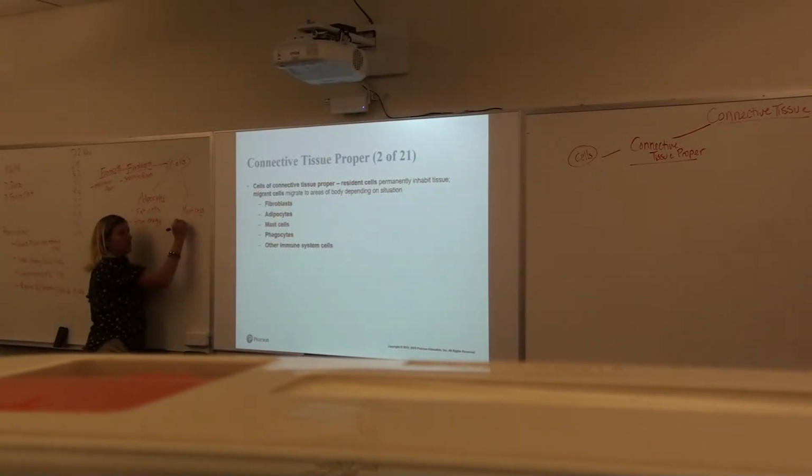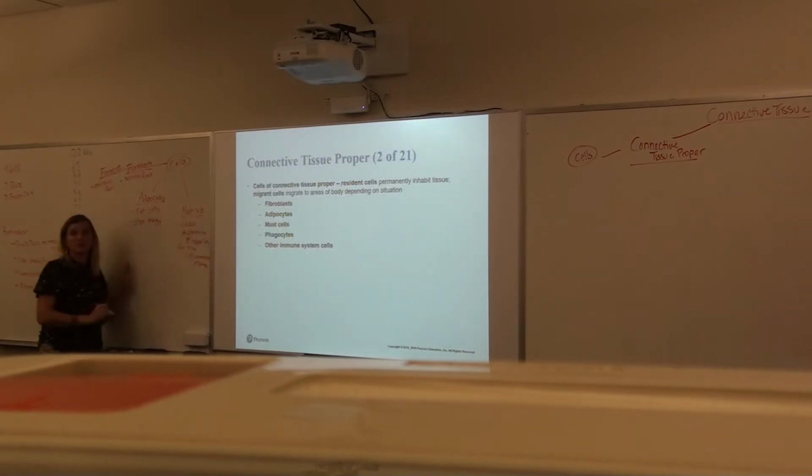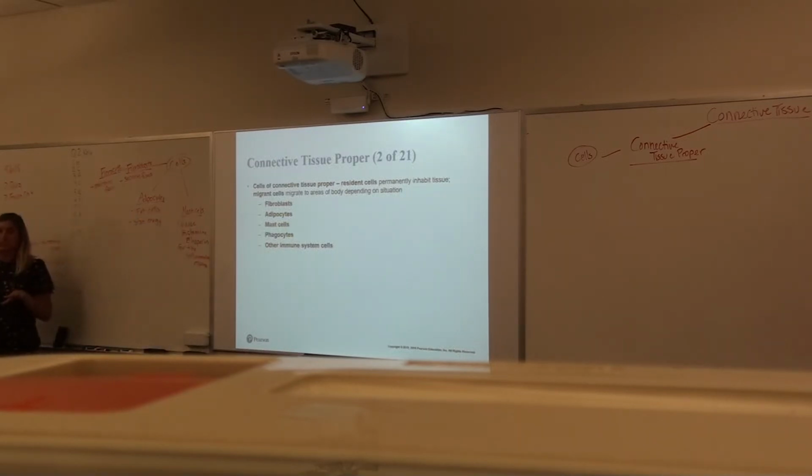So mast cells release, do you remember the names? Histamine and heparin for the inflammatory response. So these are immune system cells that are within our connective tissue.